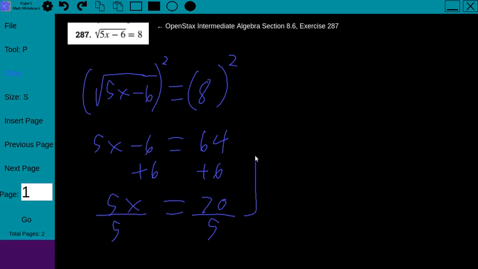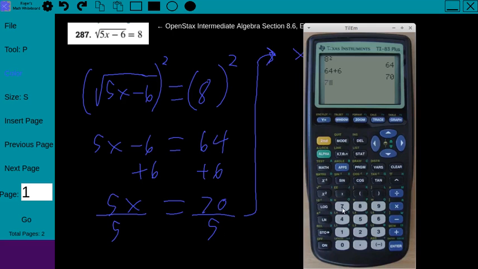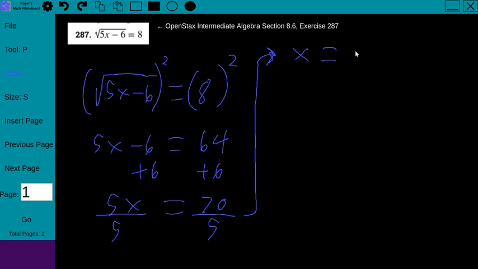I'm going to write this all up here because I'm a little bit out of space here. So this will end up just being x, and then this will end up being some kind of number again, 70 divided by 5. All right, 14. x equals 14. Now, always ask yourself when you think you're finished with a problem, does the answer actually answer the problem?